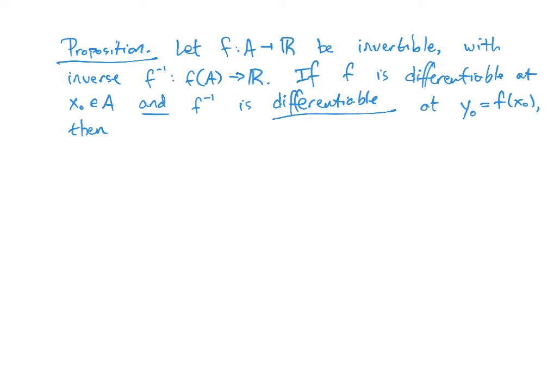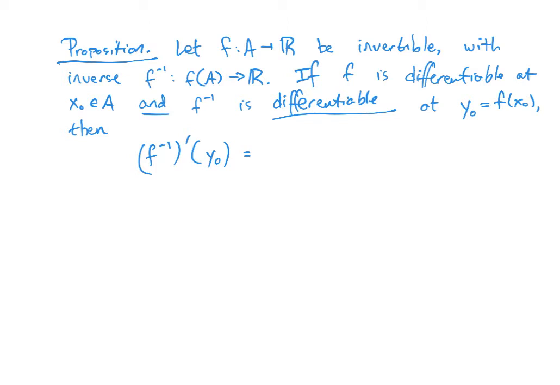Then our proposition says what the derivative is. Does anyone remember what the derivative of an inverse function is? Is it something like the derivative of 1 over x, or 1 over f of x, something like that? You're close. Close, something.